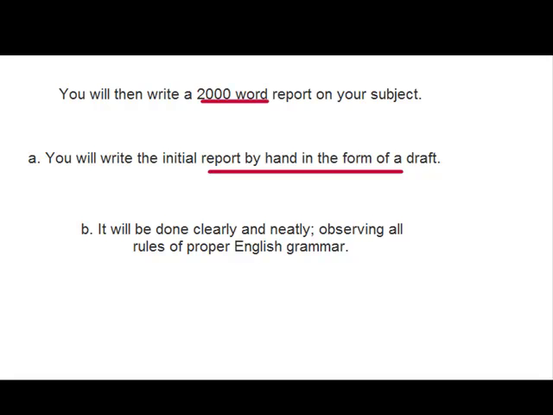I cannot tell you how many times I have caught this. This is considered plagiarism. It's against the law, and it's against the policies of Bluegrass Baptist School, and will get you a suspension. So in order to avoid that, we're going to have you write it up by hand in the form of a draft in your own words.